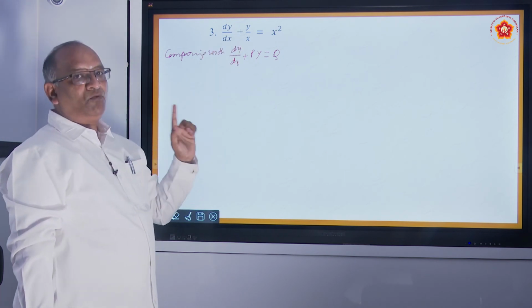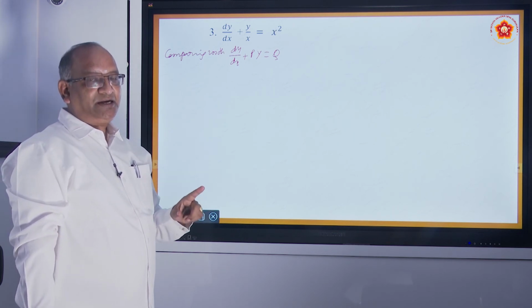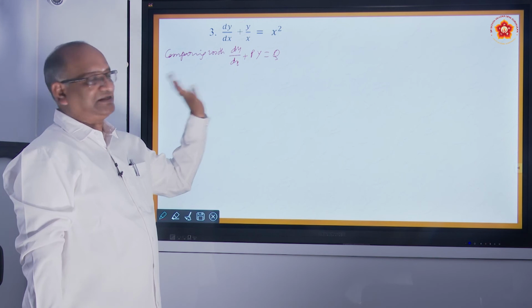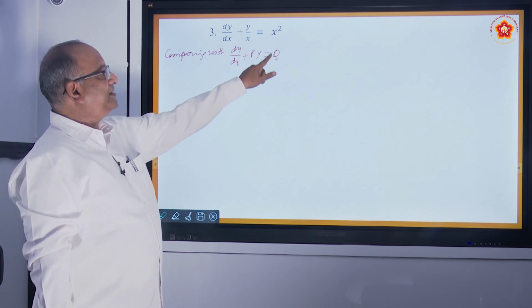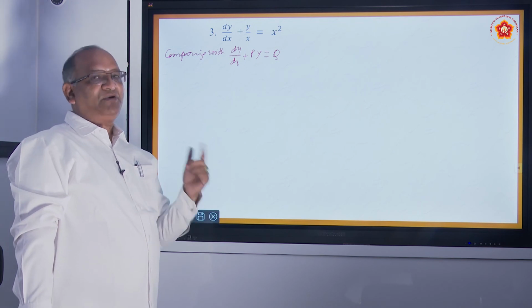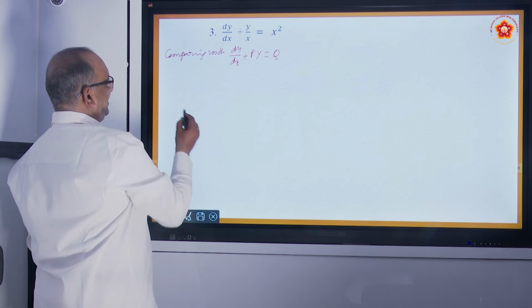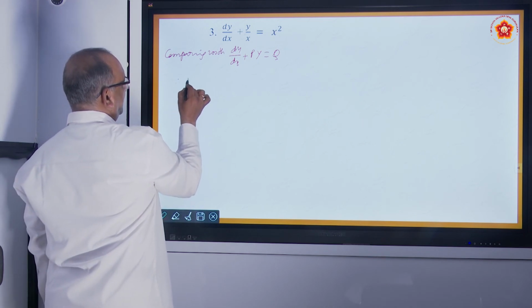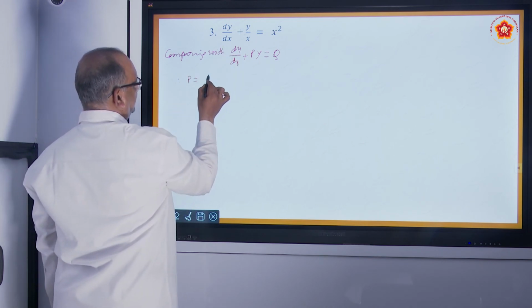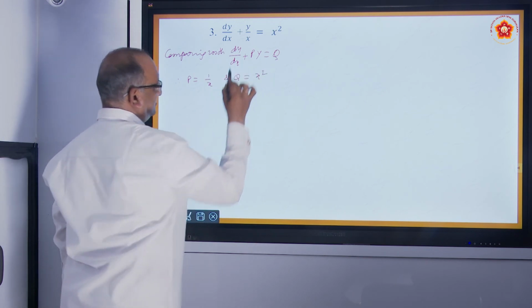P is how much? 1 by x. What was the condition? P should be either a constant or a function of x, which is fulfilled. Equal to q. What is q? It is x square. What was the condition? Q should be either a constant or a function of x. So that condition is also fulfilled. We get P equal to 1 by x and q equal to x square.